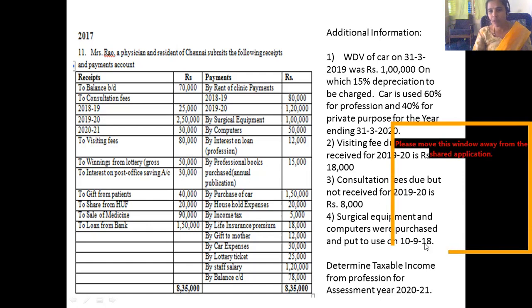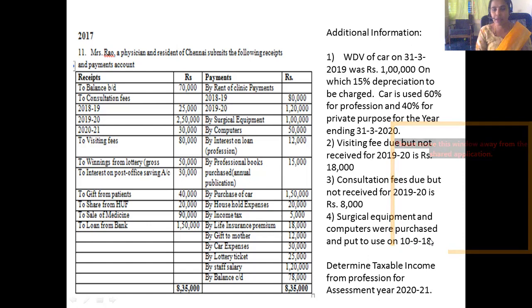Make a very small correction here: surgical equipment and computers were purchased and put to use on 10/9/2019. You should make it 10/9/2019. It's not 18, actually 19, since your previous year is 19-20. A small mistake here; I think you can take care of that.